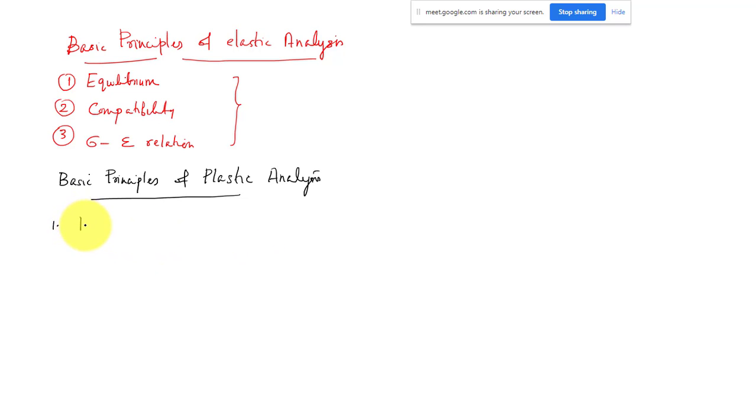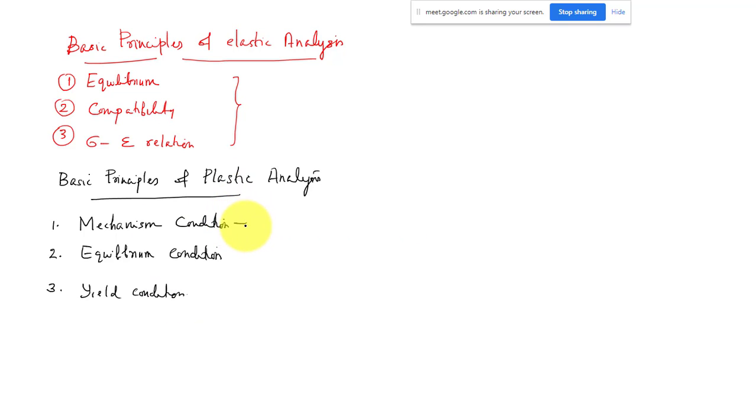The first one is the mechanism condition, the second one is your equilibrium condition, and the third one is the yield condition.